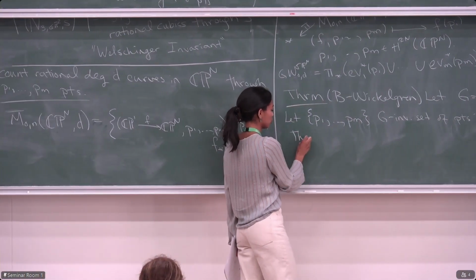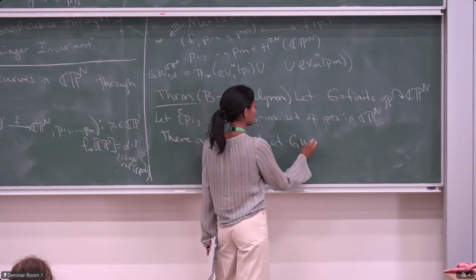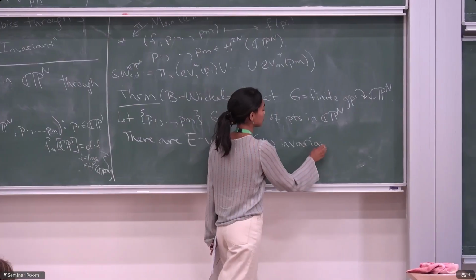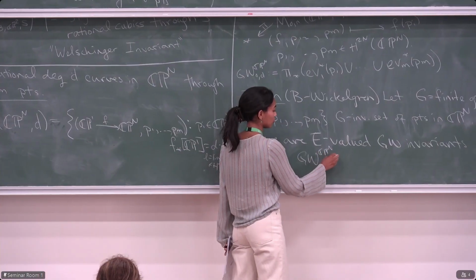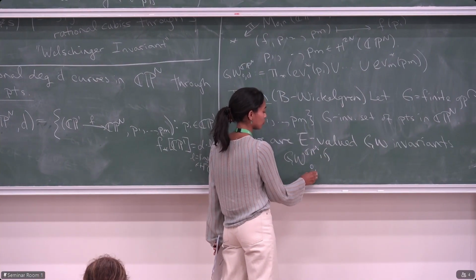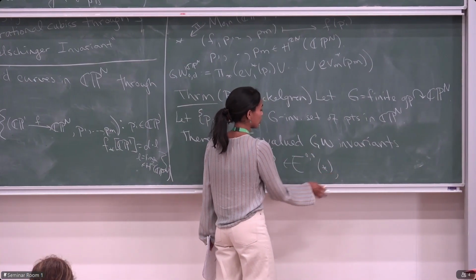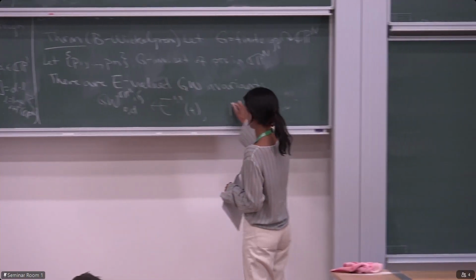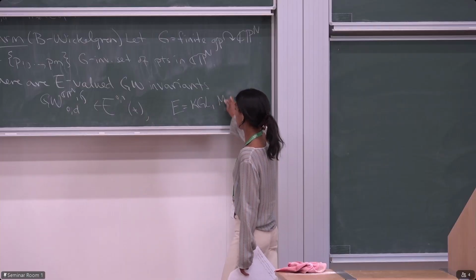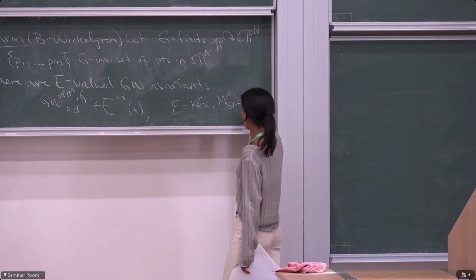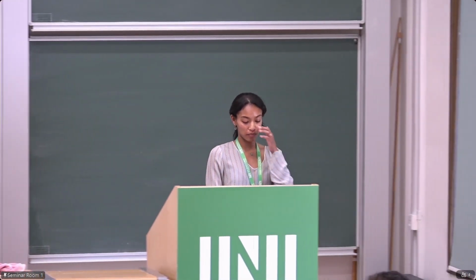There are E-valued Gromov-Witten invariants for E the homotopy of a point, homotopy K-theory, so KGL, MGL, algebraic cobordism, and Chow. And I'm thinking about these all as equivariant motivic ring spectra.